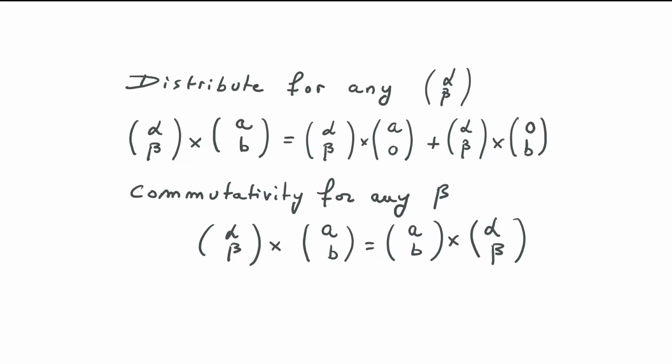So now what happens if I have any pair, let's say alpha beta, where beta is not necessarily 0? How am I going to define the product? Well, I will do it in the same way as you do with real numbers: I am going to call for an abstraction. I am going to say it will work in the same way. I want to be able to distribute because I know I can do it for beta equals 0.